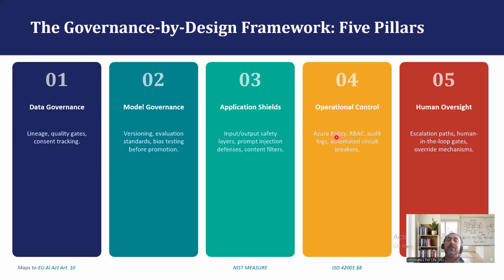For the fourth pillar, this is the operational control. And in a system like Microsoft Azure Foundry, this more often than not is decided at the hub level, at the topmost level. This is where you decide on the policies, what models are allowed, what models are not allowed, who's allowed to do what.